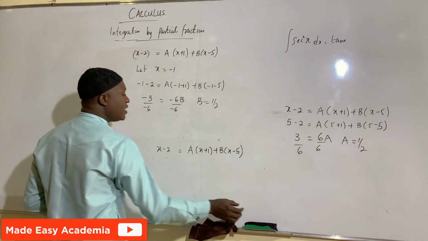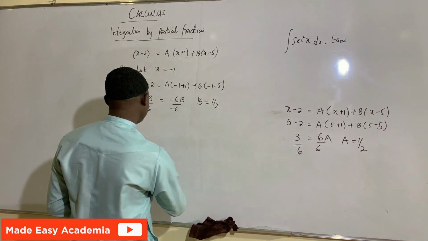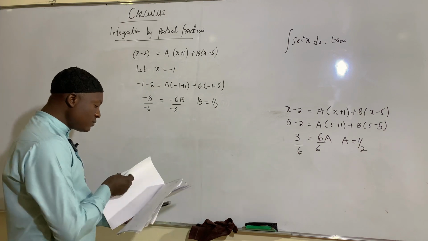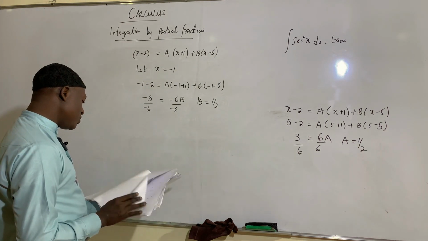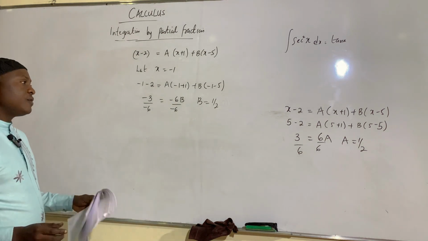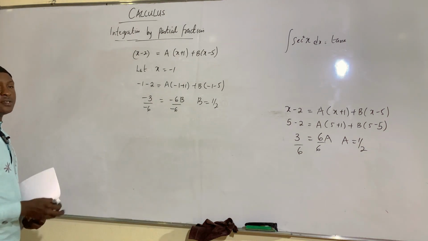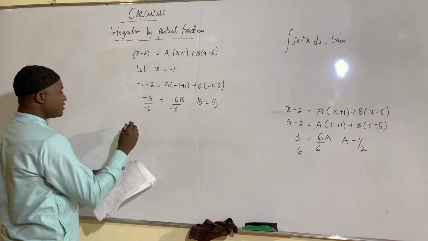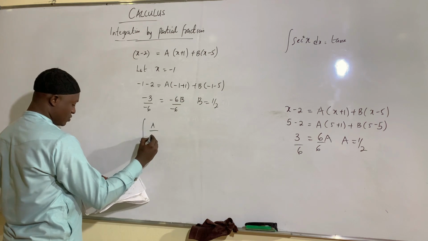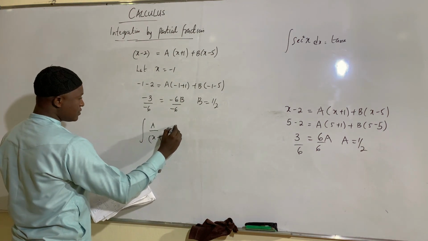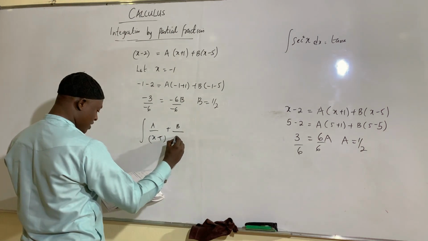So A and B have the same value. I can make a simple substitution to find the value of the integration itself. What I have before is the integral of A over x minus 5 plus B over x plus 1.